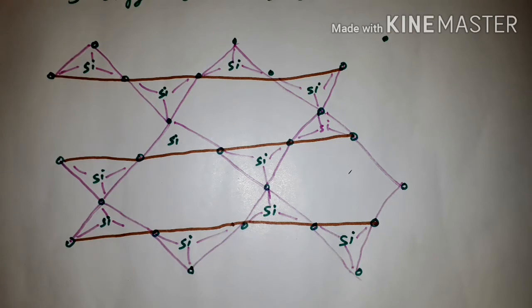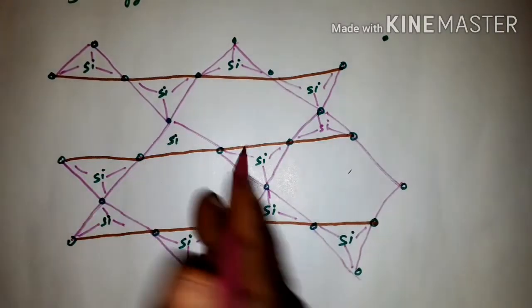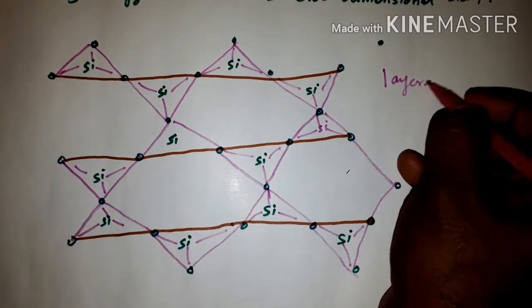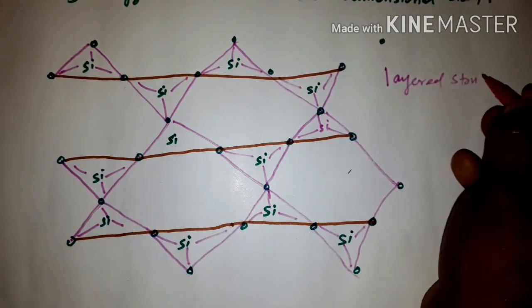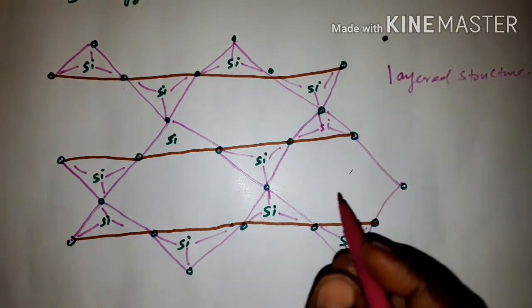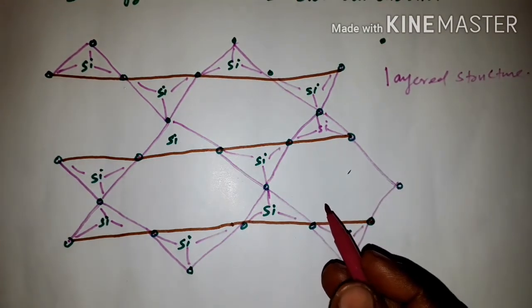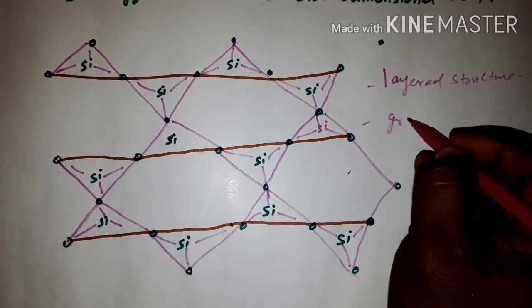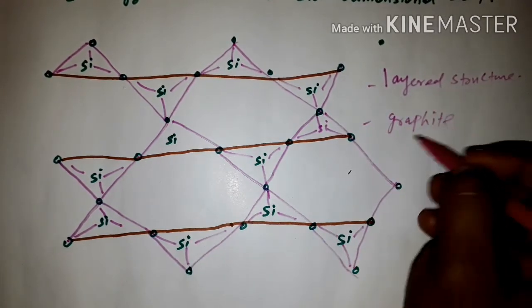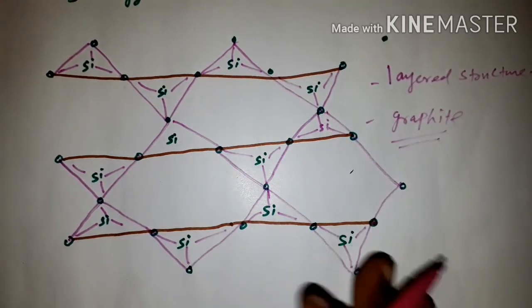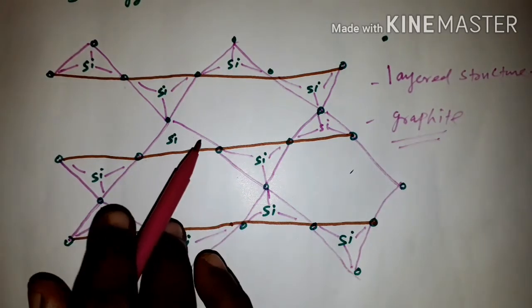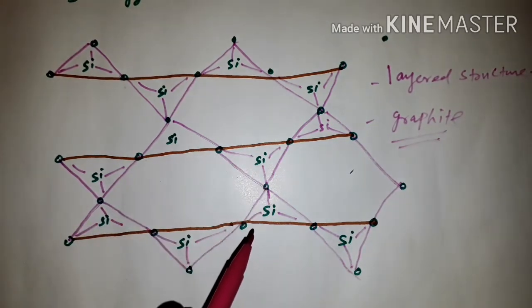Usually these sheet silicates form layered structures. This is a two-dimensional layered structure. So it resembles graphite. In graphite, it is usually very soft. Likewise, these sheet silicates are also very soft.